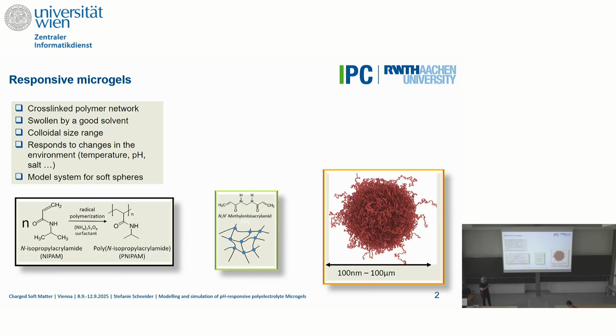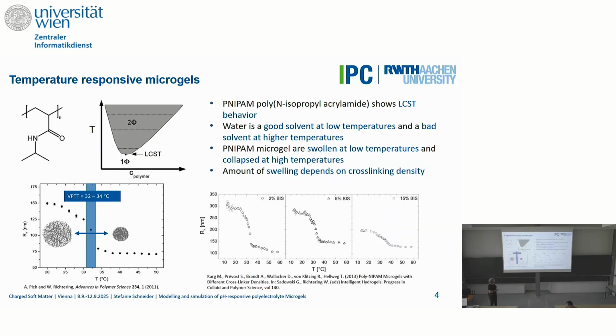And many of the microgels are responsive to certain parameters in the environment. The most famous example probably is polyNIPAM, which is sensitive to temperature, and it has a lower critical solution temperature. So when you increase temperature, you go from a swollen microgel to a collapsed microgel.